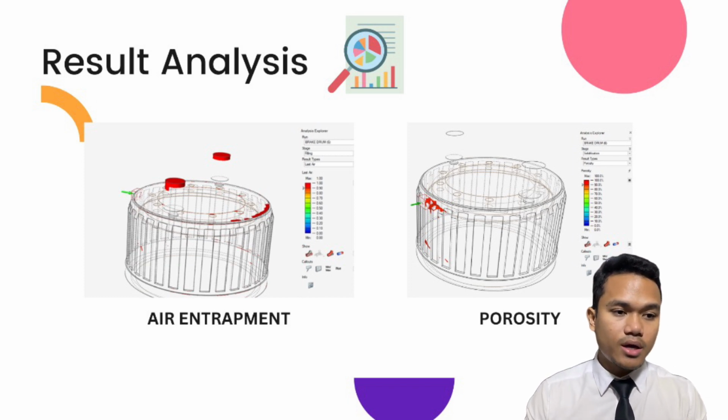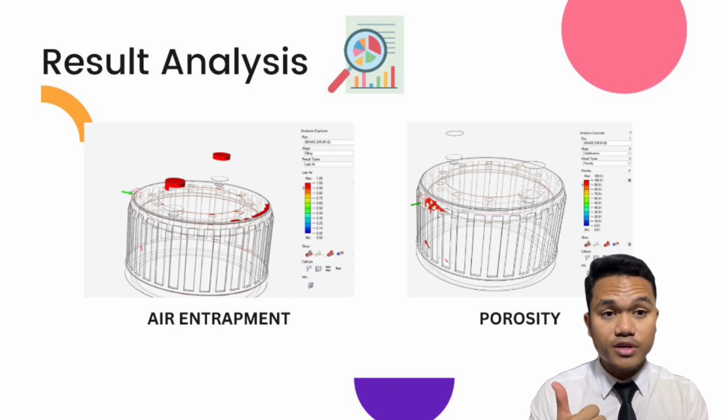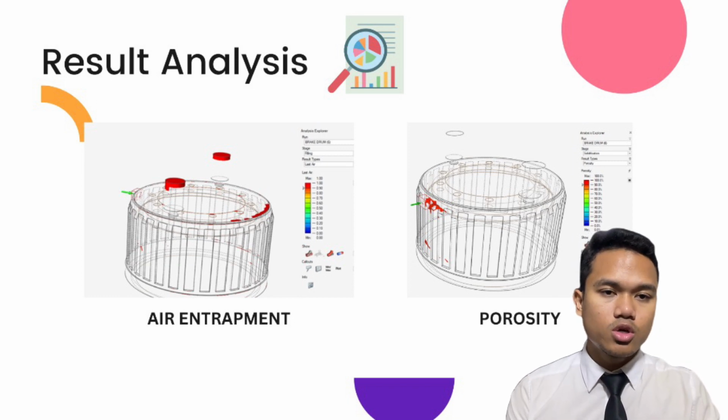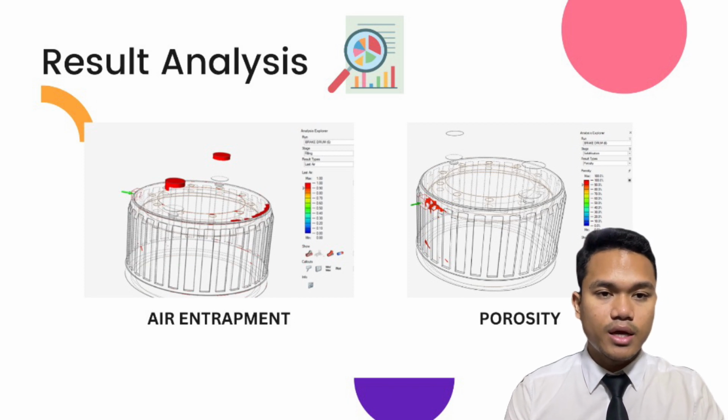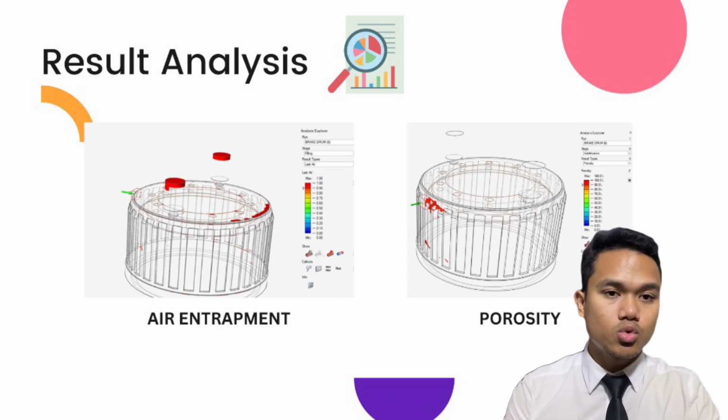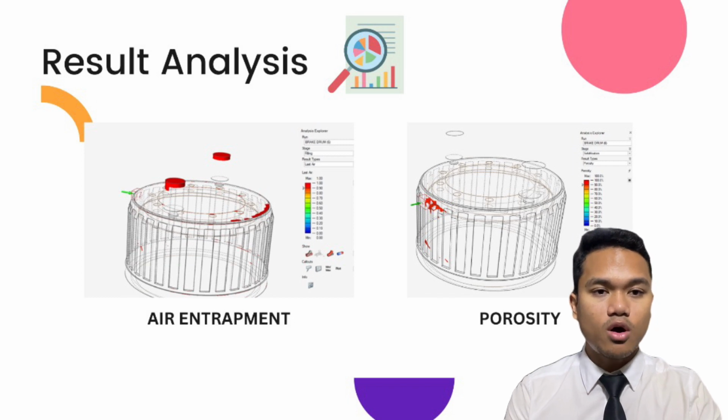Other than air entrapment and porosity defect, there are several other defects such as shrinkage. It can show the solidification time, filling process, and so on. These results will be used to analyze the gating system that I have designed, and it will help me to achieve an improvement of the casting yield.